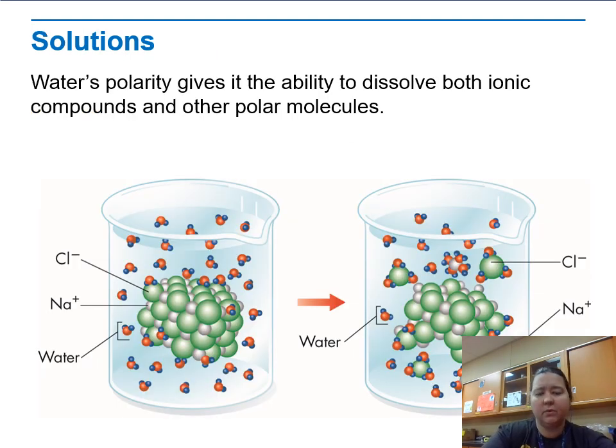Another property of water is that it's known as the universal solvent. It's the universal solvent because its polarity allows water to dissolve things that have other charges.